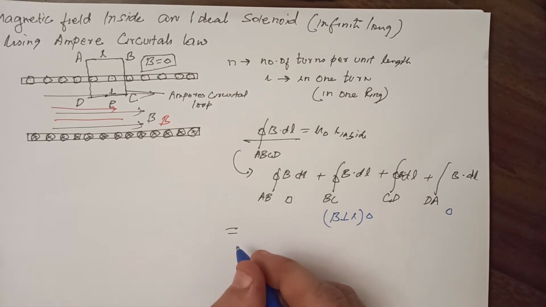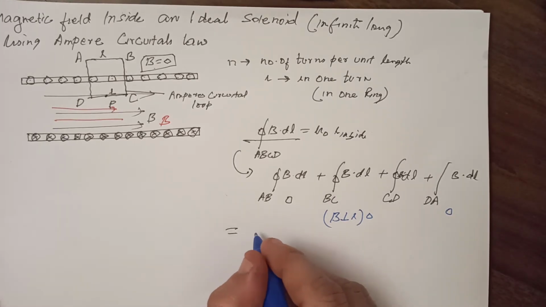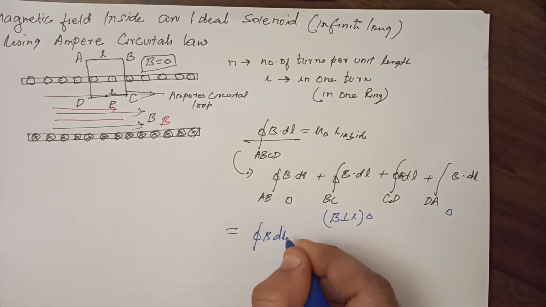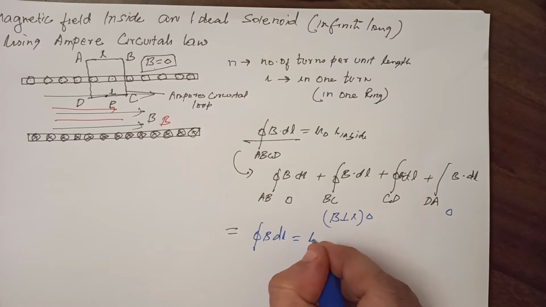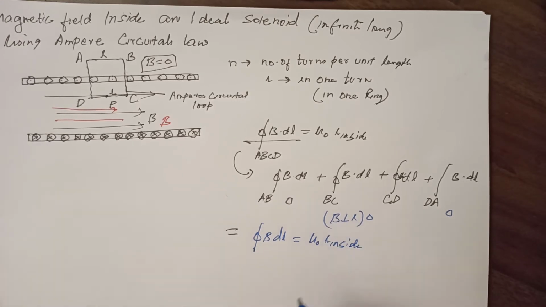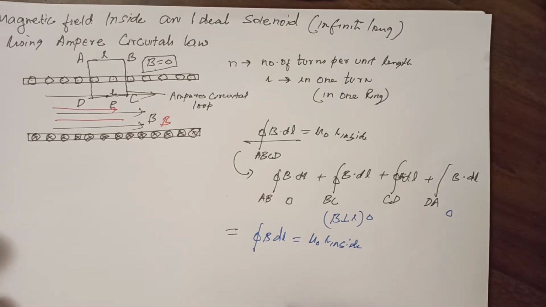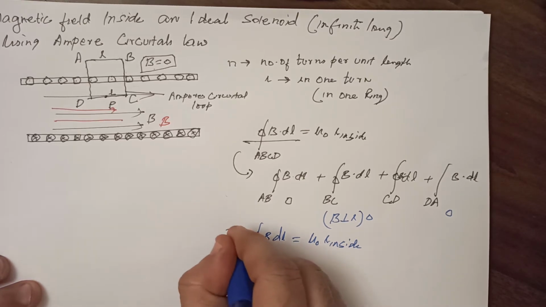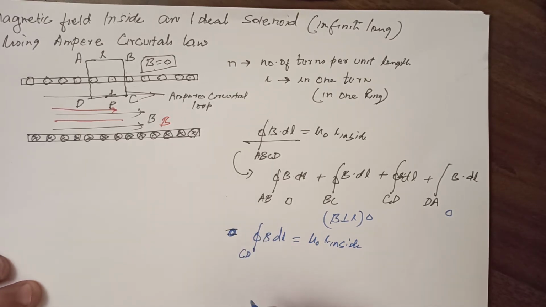Finally, I can write that the closed integral of B dl is equal to mu naught I inside, and this is nothing but CD, correct?